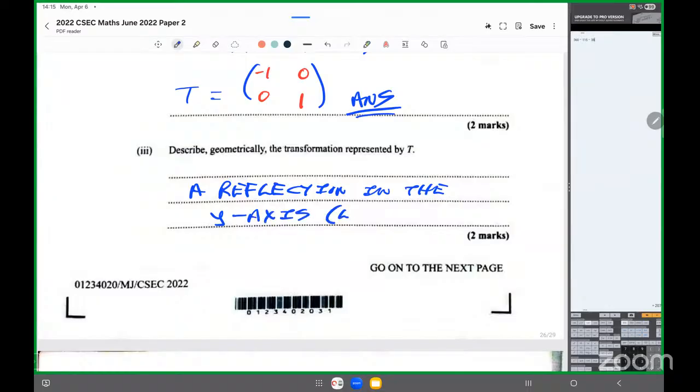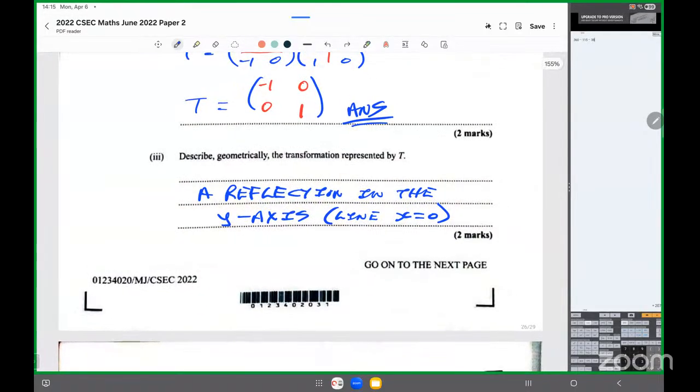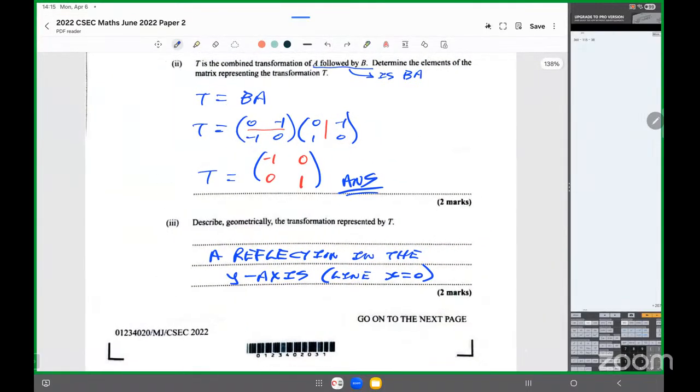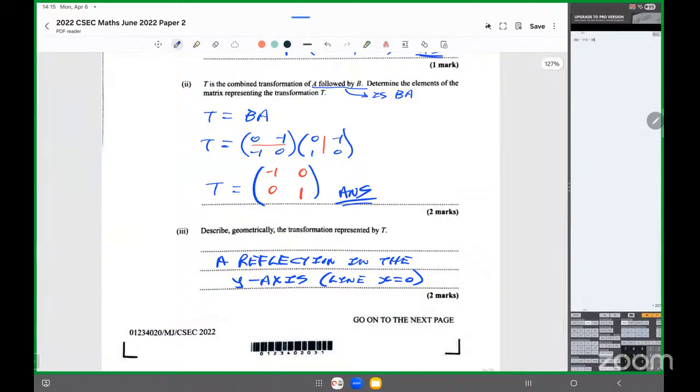I could say the line x equals 0. Remember, the y-axis is the line x equals 0. That is it. You must know those things on sight. When you do the exam, know what you need to know. I gave you the list of matrices that you must know, so those are the same matrices coming up in the exam questions.